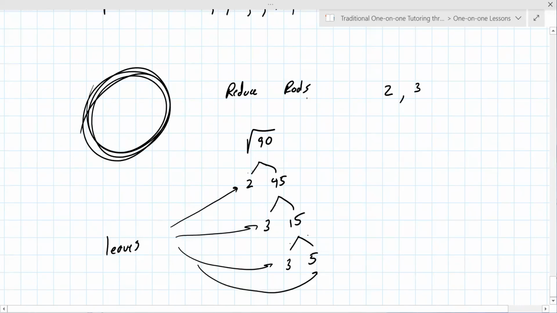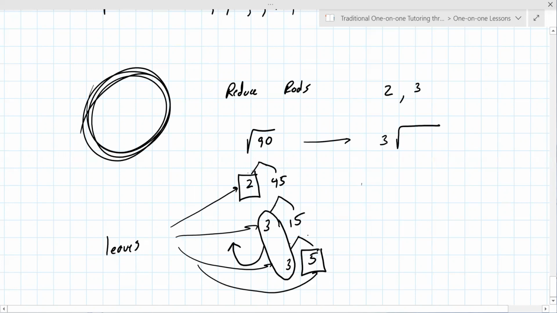Okay. So when you're reducing a root, you're looking for pairs. Do you see how there's a pair here? So for each pair, you can bring a number out of the root. So this square root of 90, you bring the 3 out, and what's left over? Well, 2 is left over and 5 is left over.